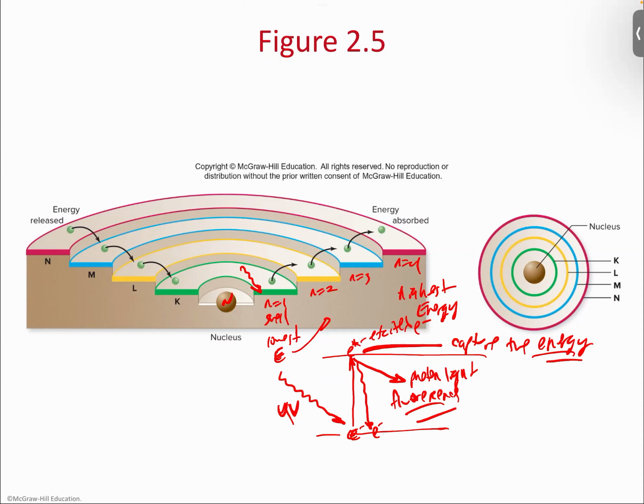Grab it. Grab that energy and put it to work for you, right? And then you're able to do all sorts of cool stuff with it. So rather than just letting it go, grab it, sequester it, right? Capture it somehow into a usable form that you can then use to your advantage.